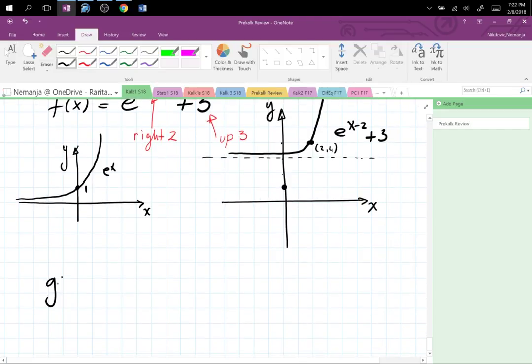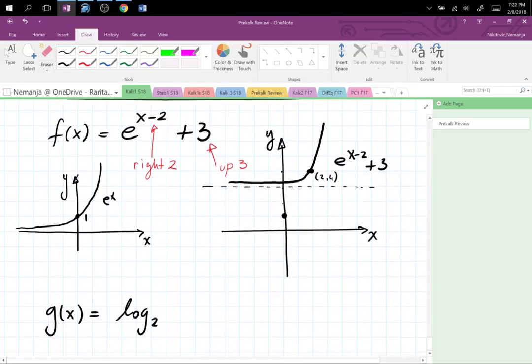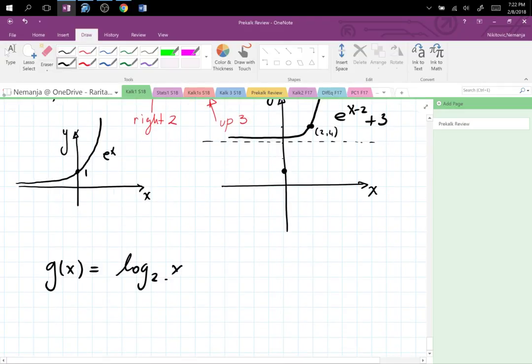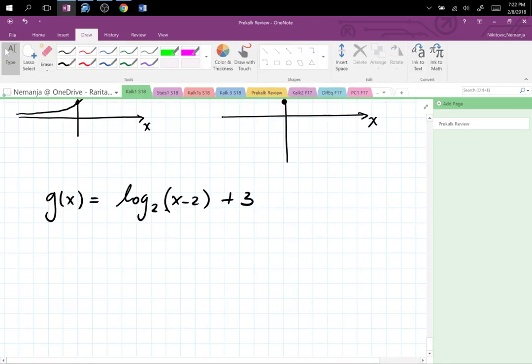Same transformations applied to, let's say, a logarithmic function. Log base 2, you can do ln, there's no difference, of x minus 2 and everything plus 3. Everything works the same, guys. You have your default state.